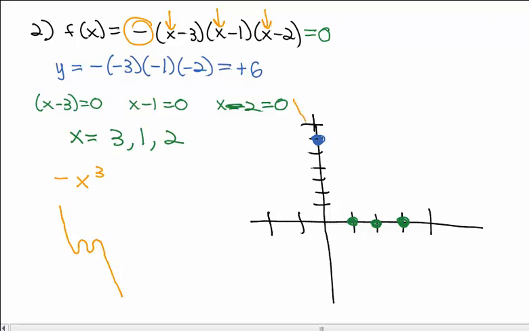And so we know the graph is going to come in from the top left, go through the first x-intercept, through the next x-intercept, and through the next x-intercept, and out. And this is our graph. And that's basically all there is to graphing a polynomial. When you find your intercepts, you just go through all the intercepts and wiggle around, following the shape that we would expect based on the exponents, and we get our solution.